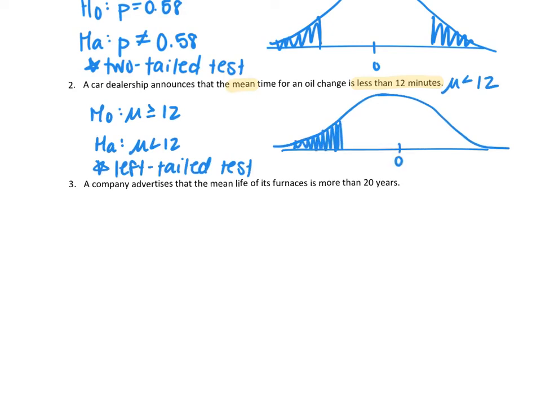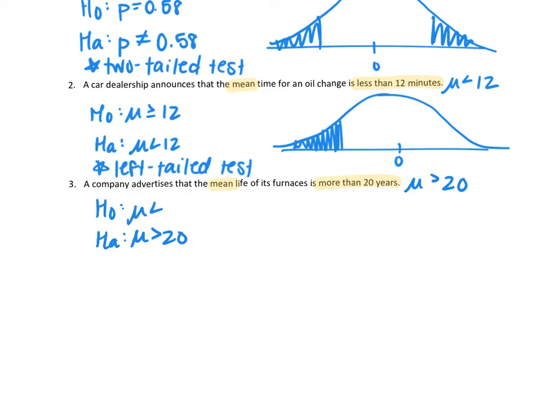And then last but not least, number 3, a company advertises that the mean life of its furnaces is more than 20 years. So we have mu greater than 20, not 12. That would be our alternative hypothesis because there is no statement of equality. It's just inequality.